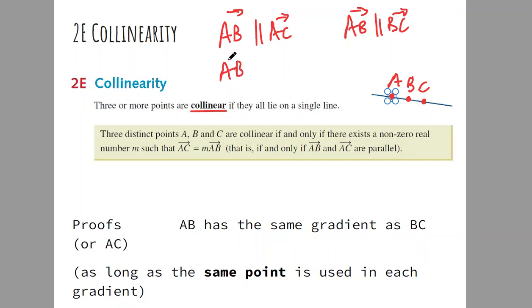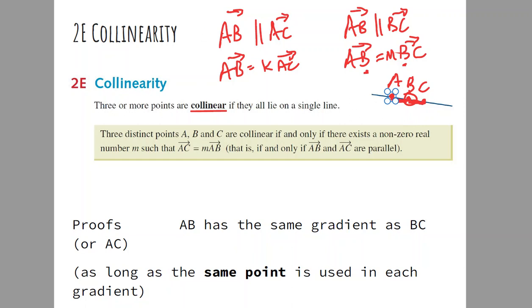Therefore, AB equals some constant K times AC would be proof of being collinear, or AB equals some constant M times BC. As long as you use the same letter in each of the vectors, what we're saying is that the vector from A to B, if it's parallel to B to C and they both go through the point B, therefore they must be on the same line.